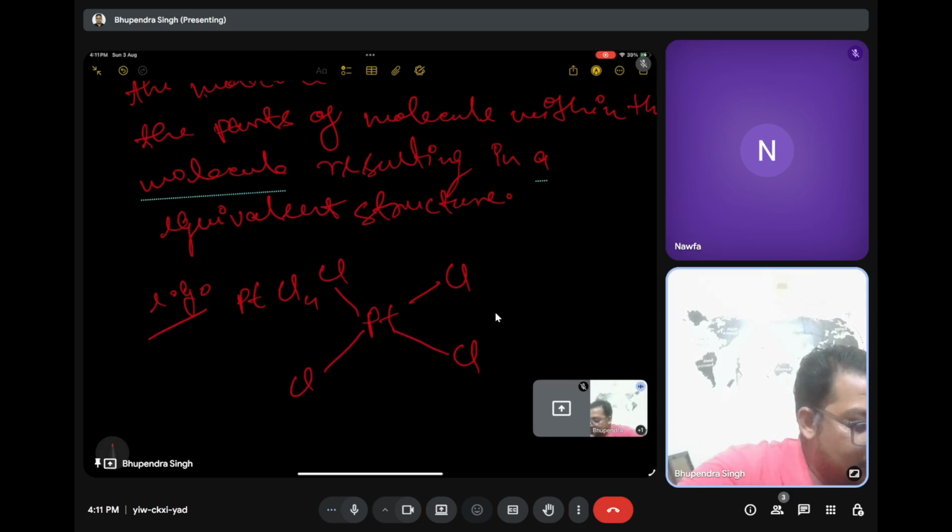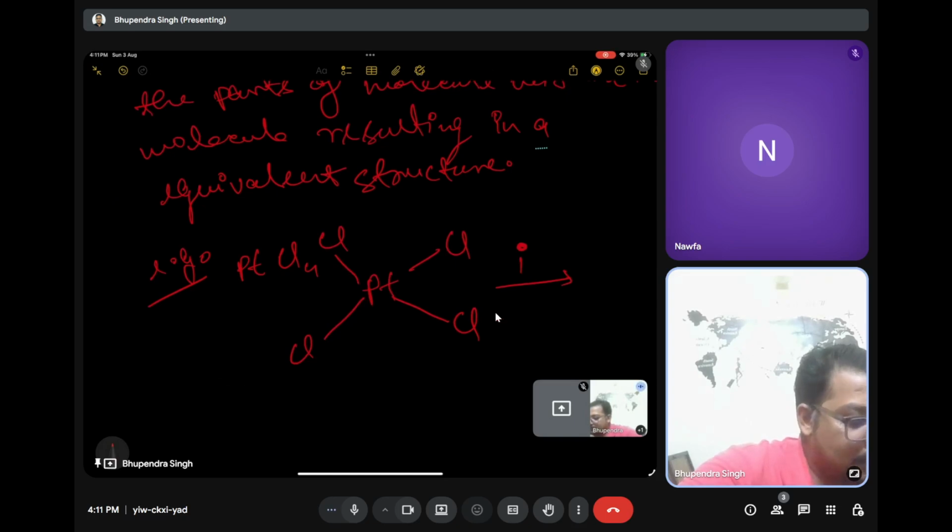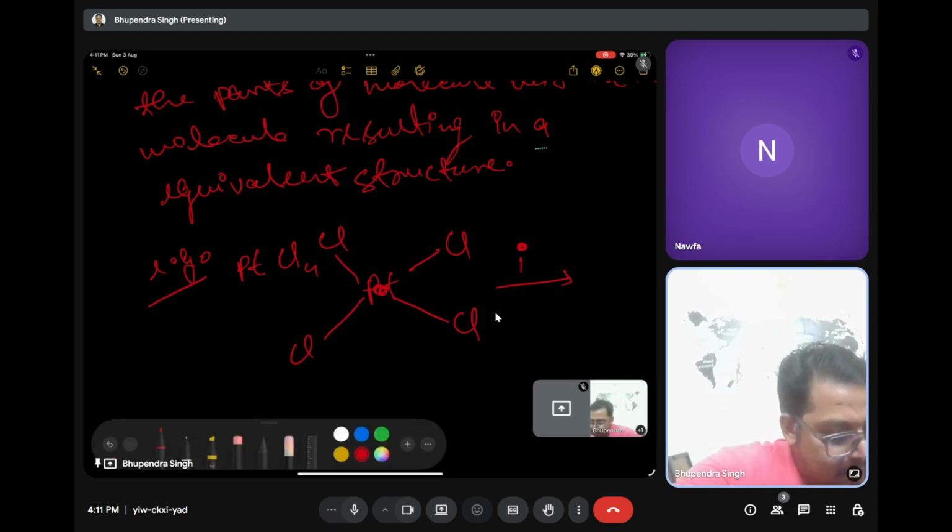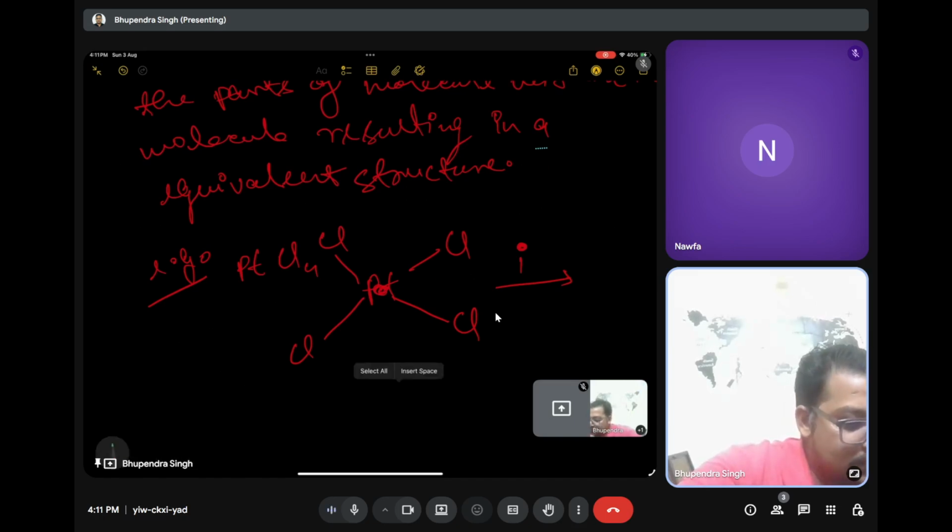So if you apply this symmetry element, center of inversion, let's say here, what is going to happen? This Cl will go this side, and this Cl will go this side. This Pt will remain here, and this Cl will go here. This Cl will come here.